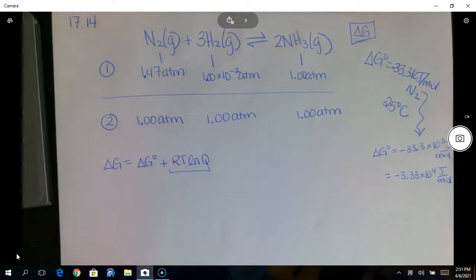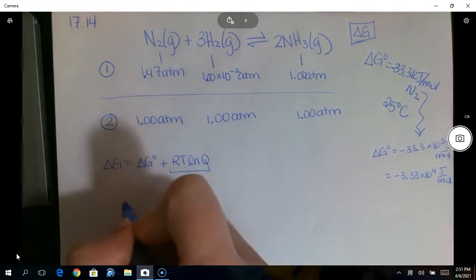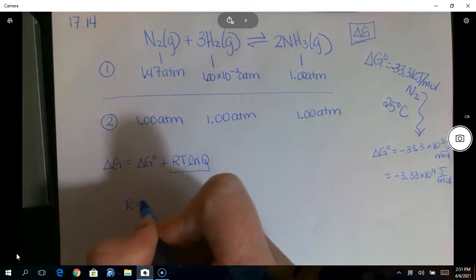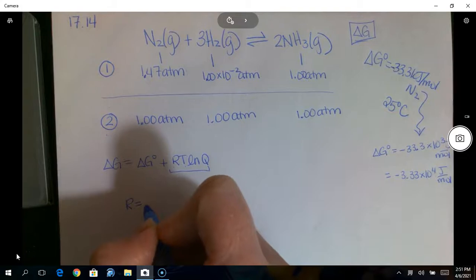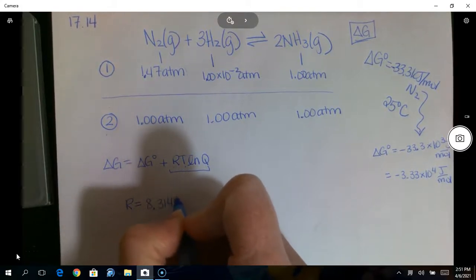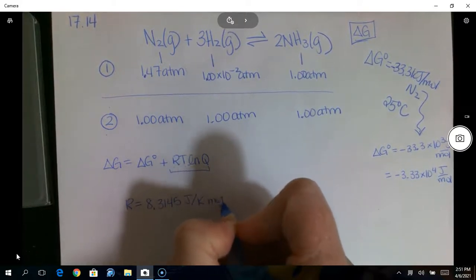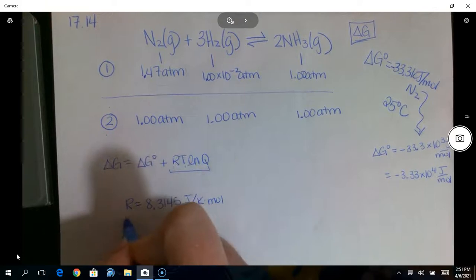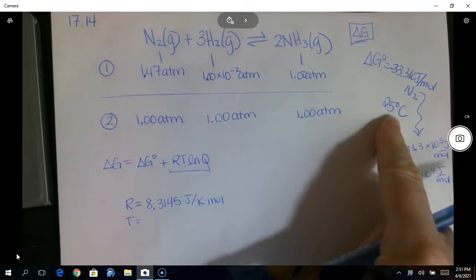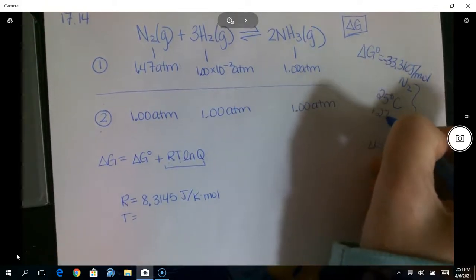R and T are going to be a constant, so let's do that. So R, we looked at it the last problem, plus it is on your equation sheet. This is 8.3145 joules per Kelvin times mole. And temperature, we're given 25 degrees Celsius. Remember, we have to do plus 273.